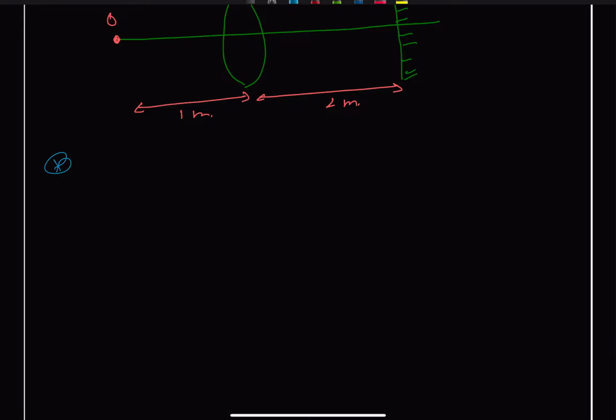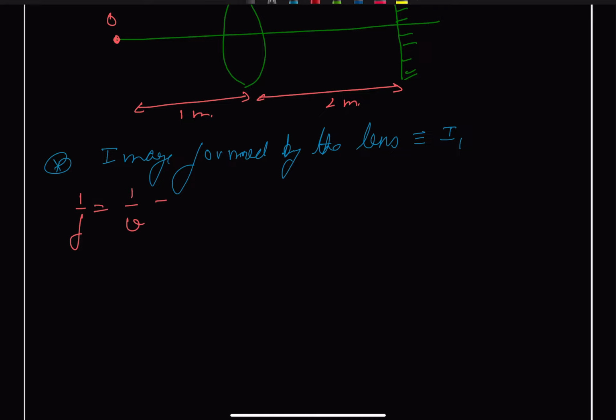So we can say image formed by the lens, let us call that as our I1. We can use the lens formula directly. We get 1 upon f equals 1 upon v minus 1 upon u.